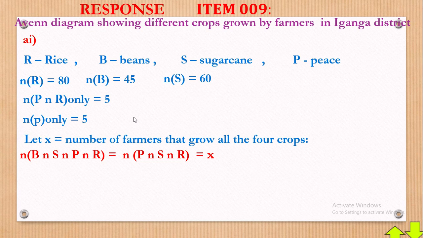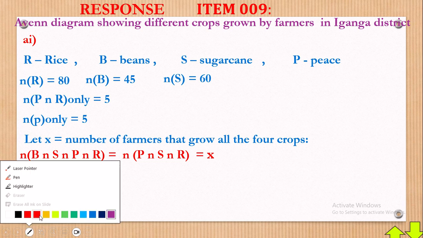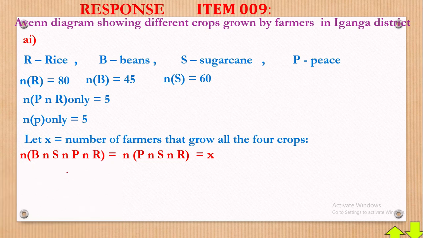Okay, so I think we can proceed. So from our logic, we have it that the number in beans intersection sugar intersection peas and rice is equal to the number in peas intersection sugar intersection r.